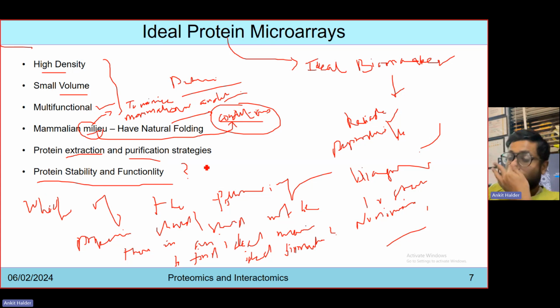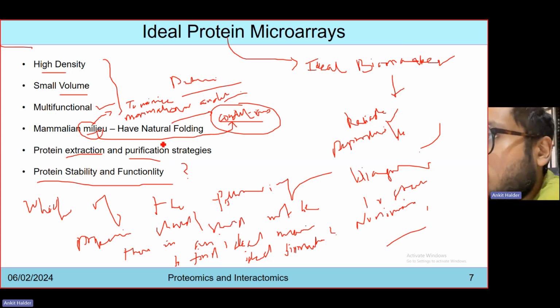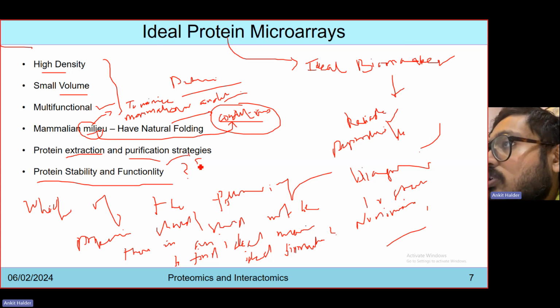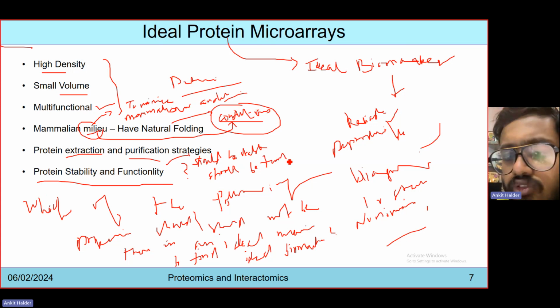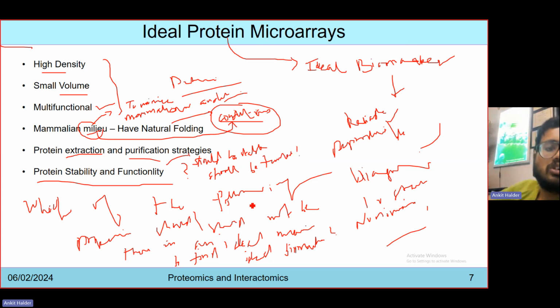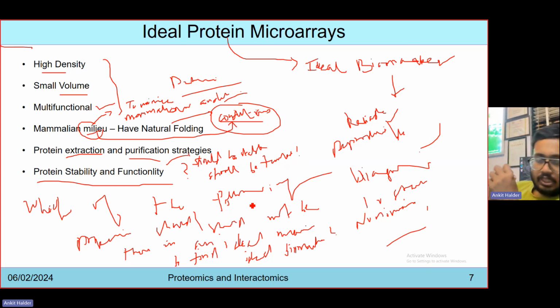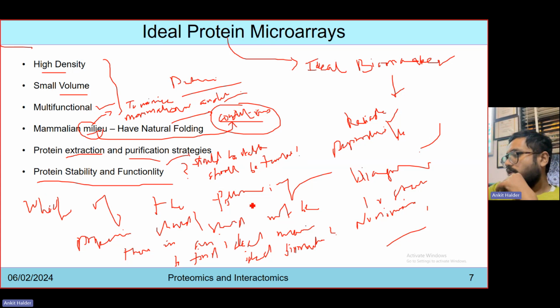So the protein should be stable and should be functional, in ideal protein microarrays.